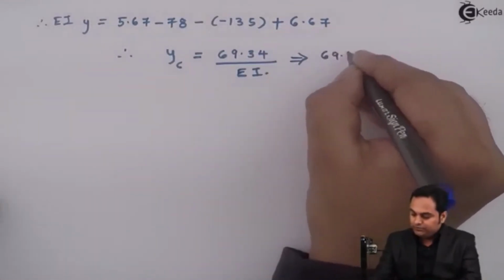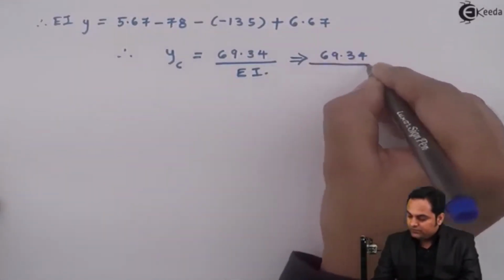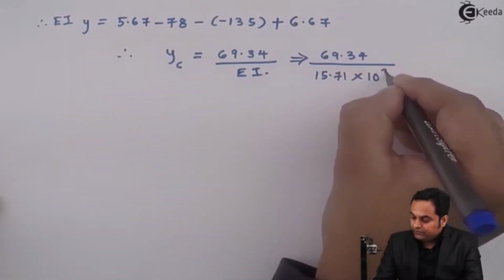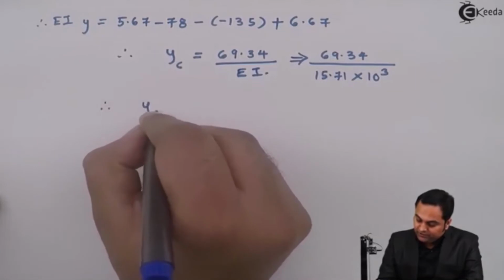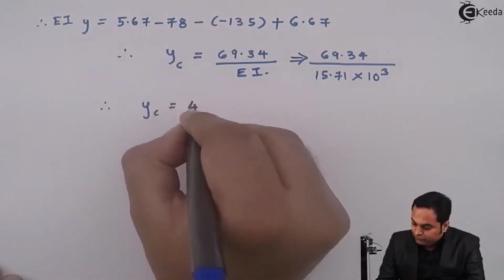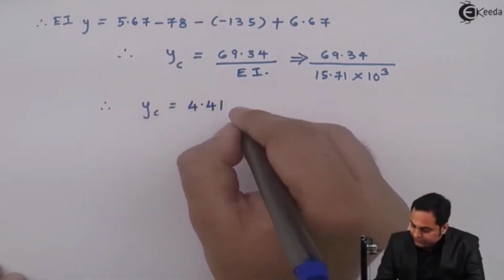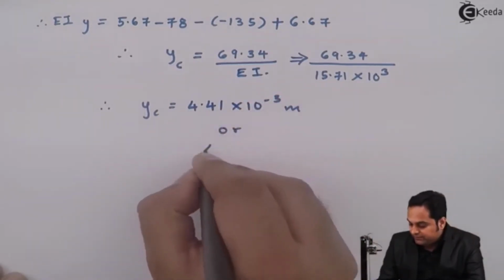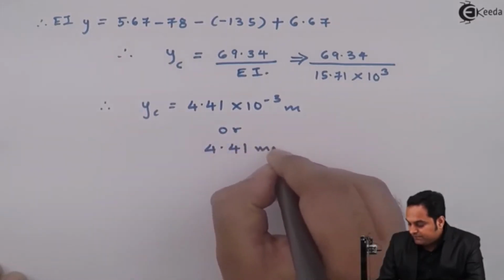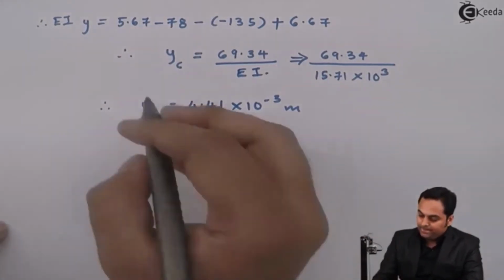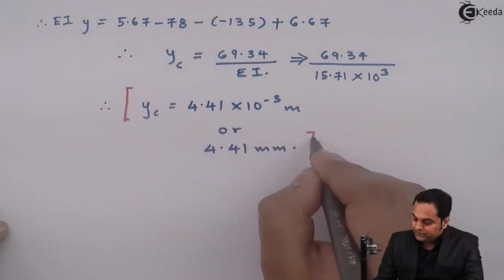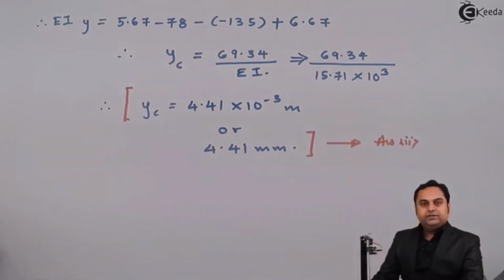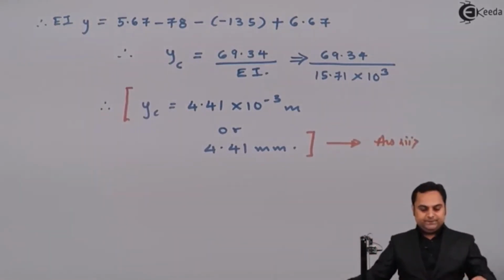So 69.34 divided by 15.71 into 10 raised to 3, and that gives me the answer of y suffix c as 4.41 into 10 raised to minus 3 meter, or I can say that it is 4.41 mm. So this is my second answer. Here I have calculated the deflection at point C.